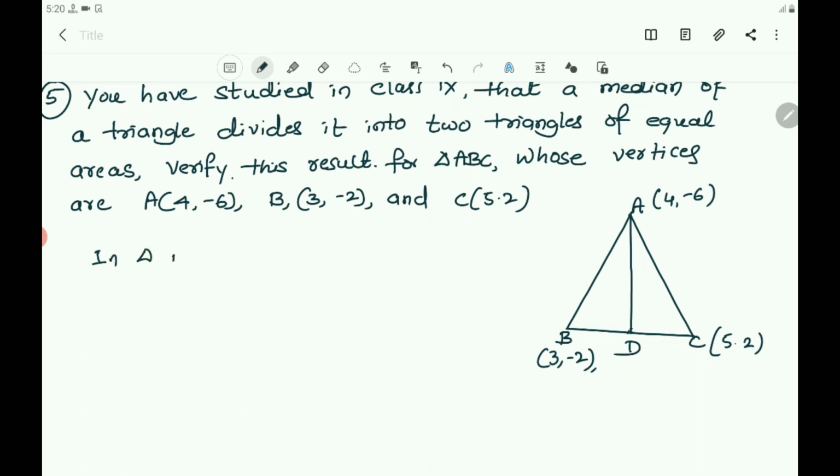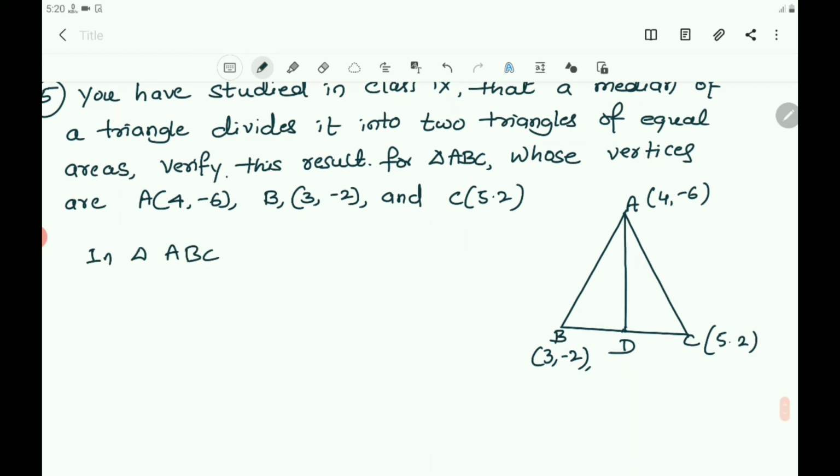In triangle ABC, A, B and C are the vertices.